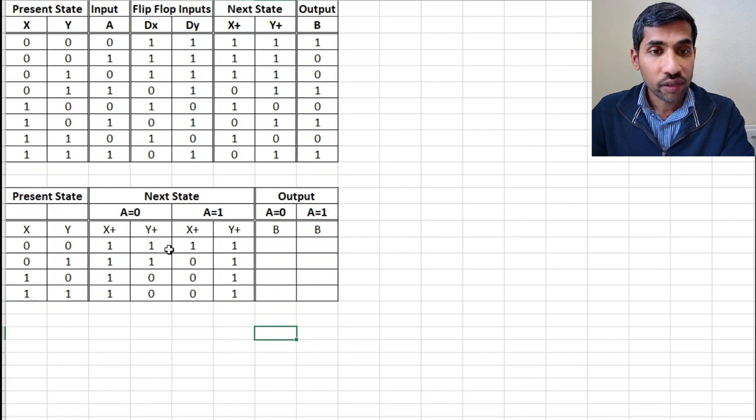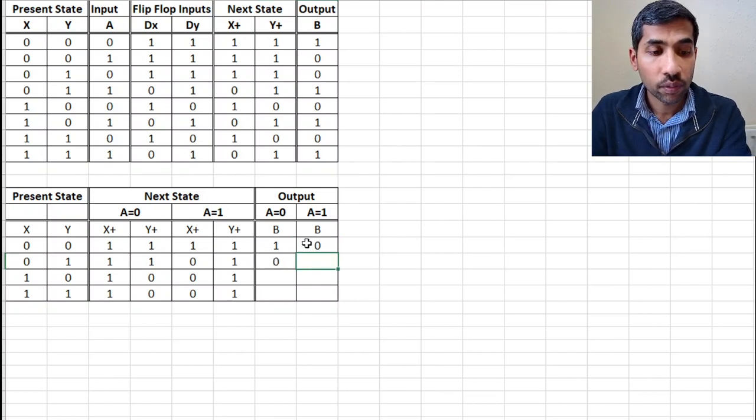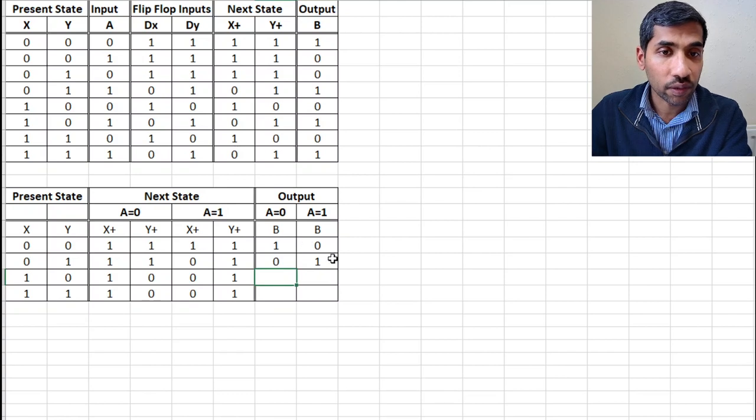Okay, and each of these is also associated with a particular output. So 0 0 with input 0 gives you output 1, then you get 0 here, 0 1. Now take a look, what's the value that you get here? This is x, y is 1 0 and a is 0. So 1 0 0, your output is 0.